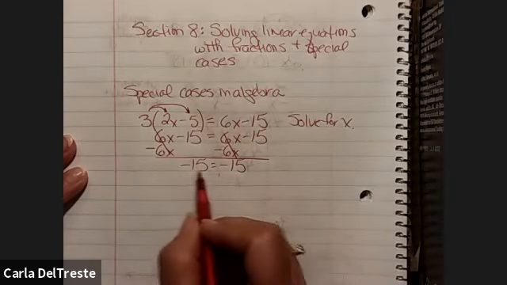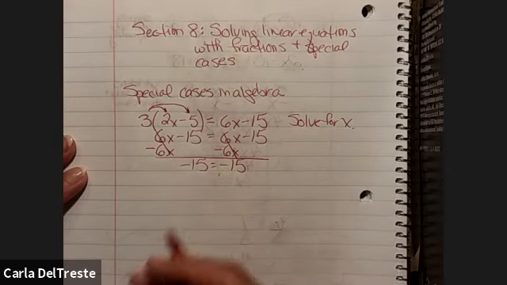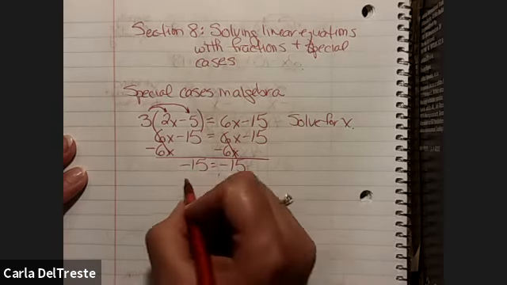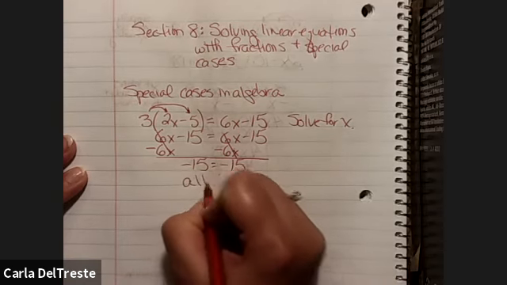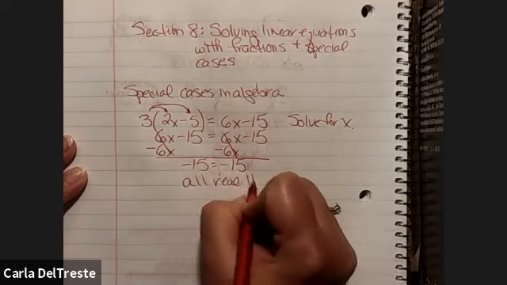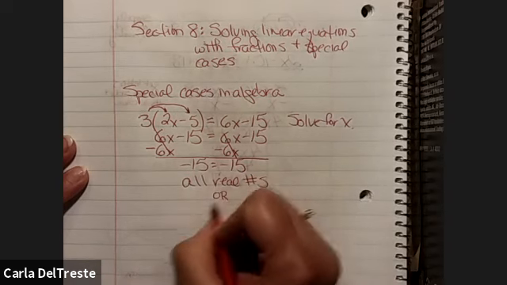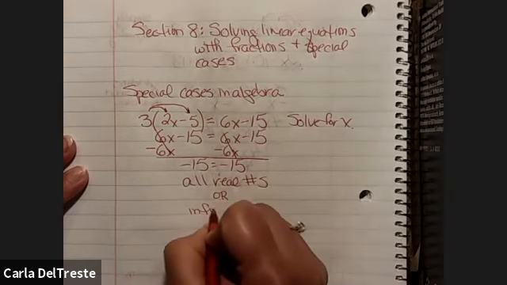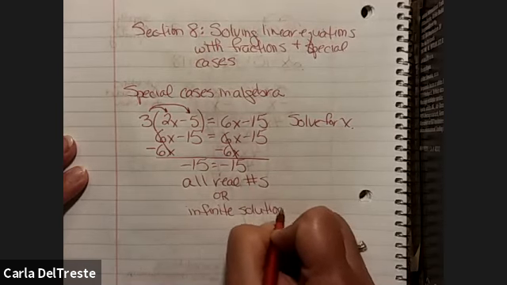And so if this is always going to be true, no matter what value x could have been, the conclusion you make is all real numbers. That's what x could have taken on, could have been anything. Or if you prefer, you can say that it will have infinite solutions.